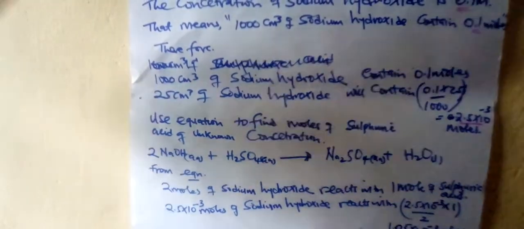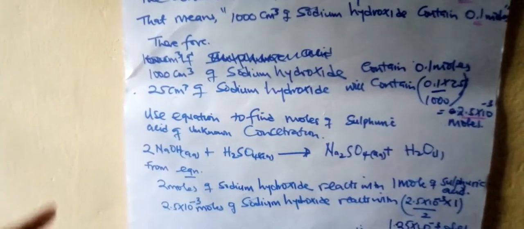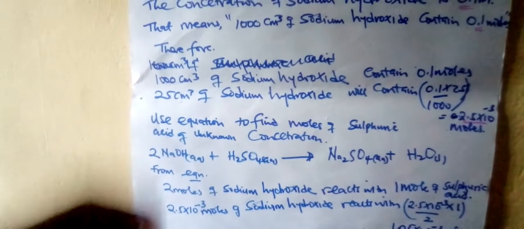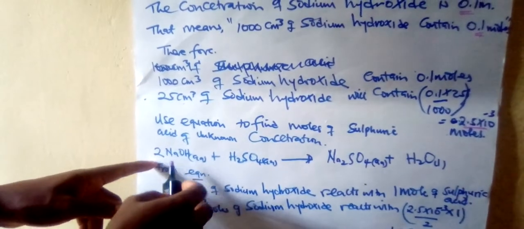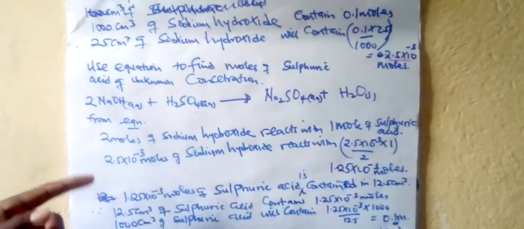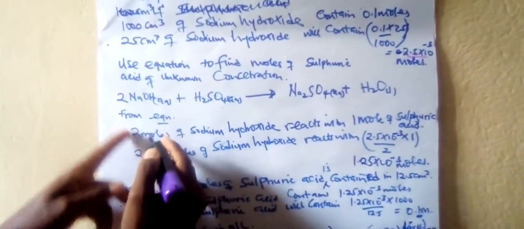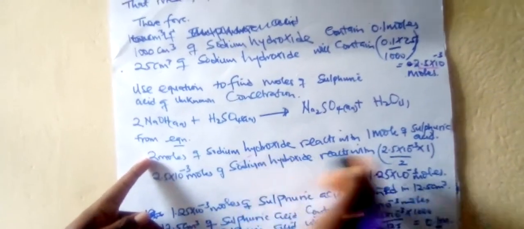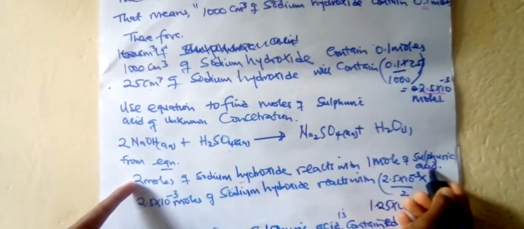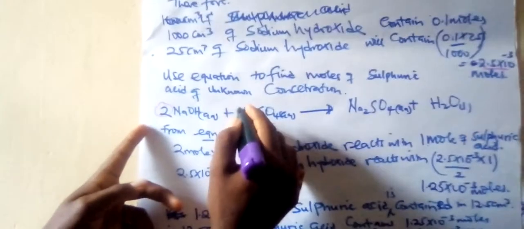Now we have got the number of moles of sodium hydroxide that reacted. Then we use our equation to get the moles of the unknown, the substance whose concentration is not known. So we write the equation. Sodium hydroxide reacts with sulfuric acid to form sodium sulfate and water. From our equation, 2 moles of sodium hydroxide react with 1 mole of sulfuric acid.